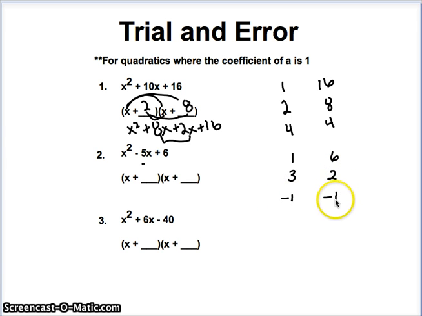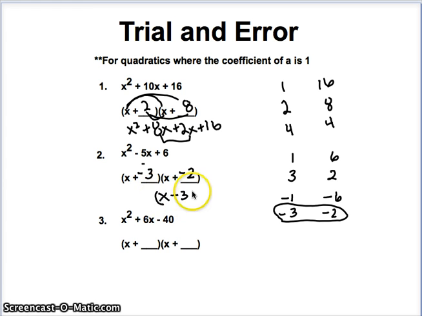Negative 1 and negative 6, negative 3 and negative 2. For this problem, it looks like negative 3 and negative 2 are the factors that I need. So I'm going to stick those in here. My two factors are now x minus 3 and x minus 2.